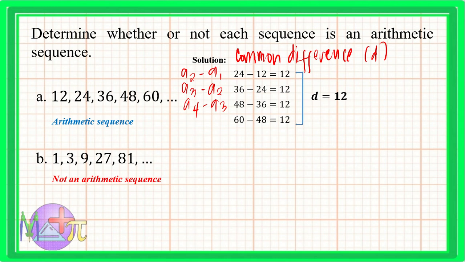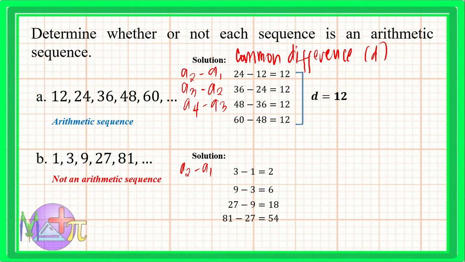Next, let's try to get the common difference of letter B, if there is any. So solution, observe, A sub 2 minus A sub 1. Our goal is to get a constant. A sub 2 minus A sub 1 is 3 minus 1, 2. Next, 9 minus 3, 6. 27 minus 9, 18.